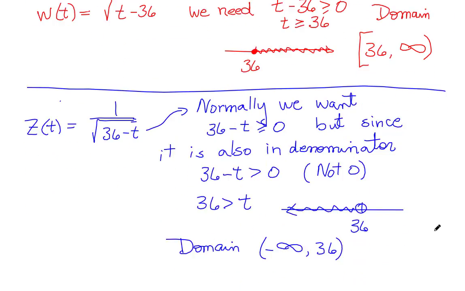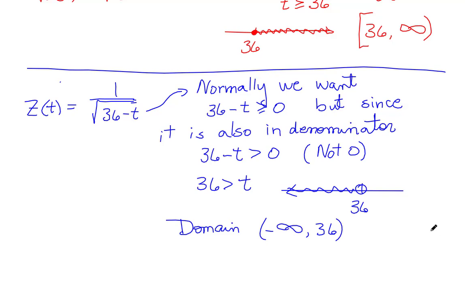And what about the last one here? Let's see. Well, normally I would see this thing under a square root, and I would say 36 minus t greater than or equal to 0. But this thing is also in the denominator, which means I don't want this denominator to be 0, because square root of 0 is 0 and 1 over 0 is undefined.